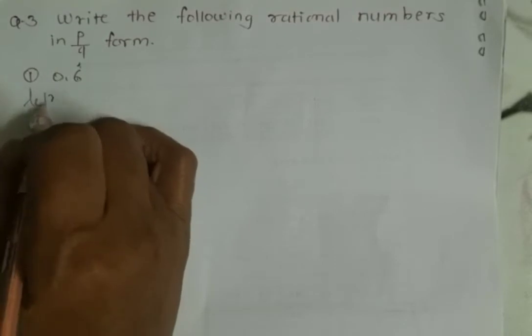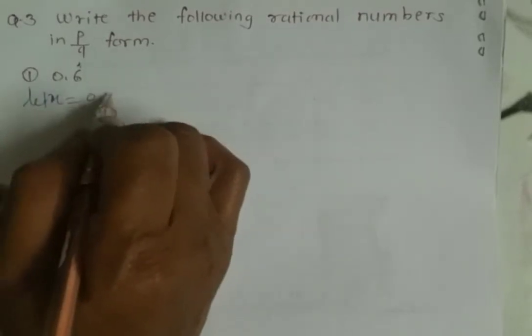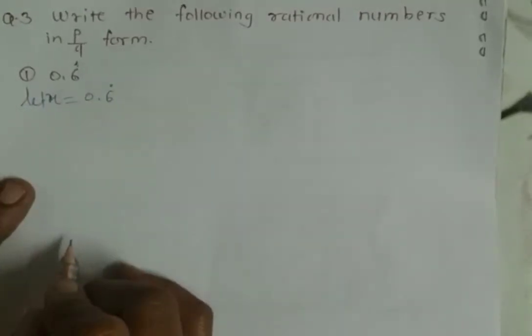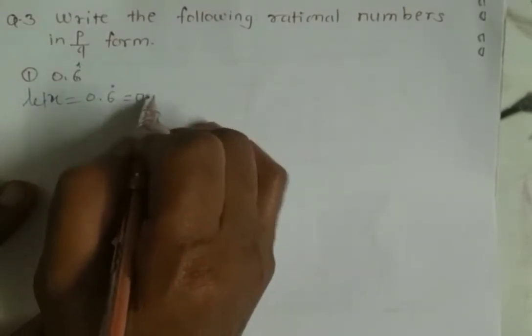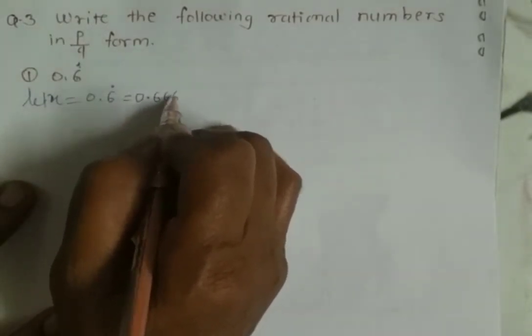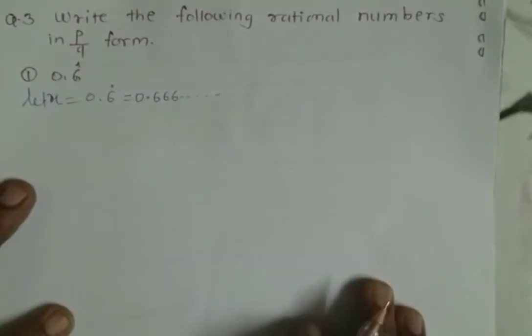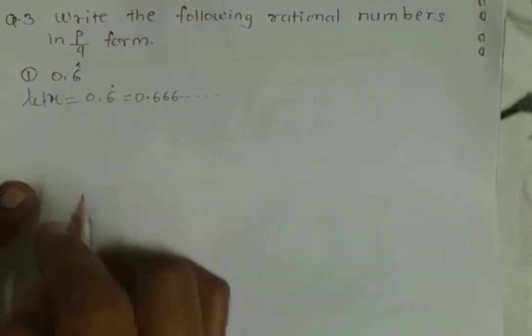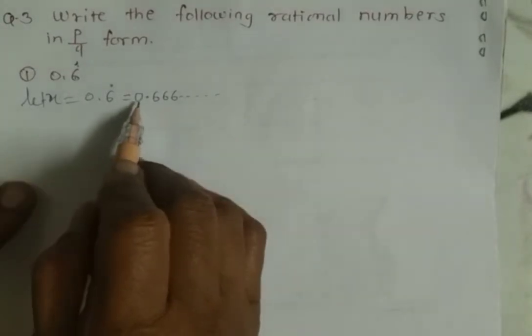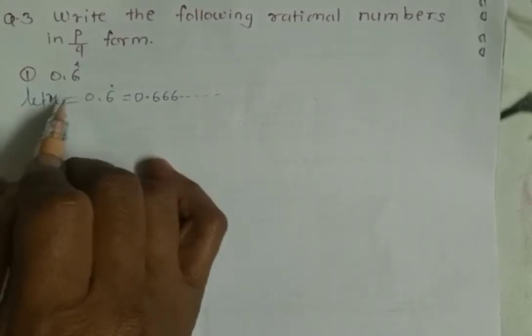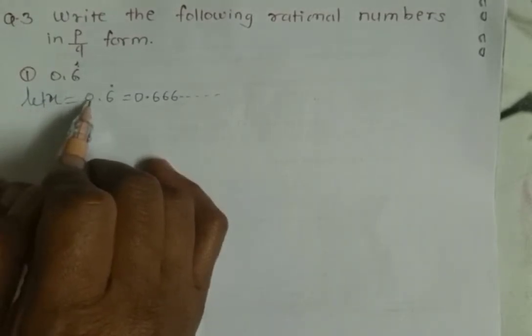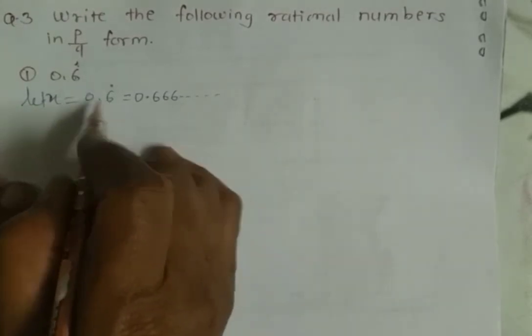Let x is equal to 0 point recurring 6. This recurring 6 we can write as 0.666..., meaning that the digit 6 repeats an infinite number of times. As here 1 digit is recurring, multiply both sides by 10, because only 1 digit is recurring.